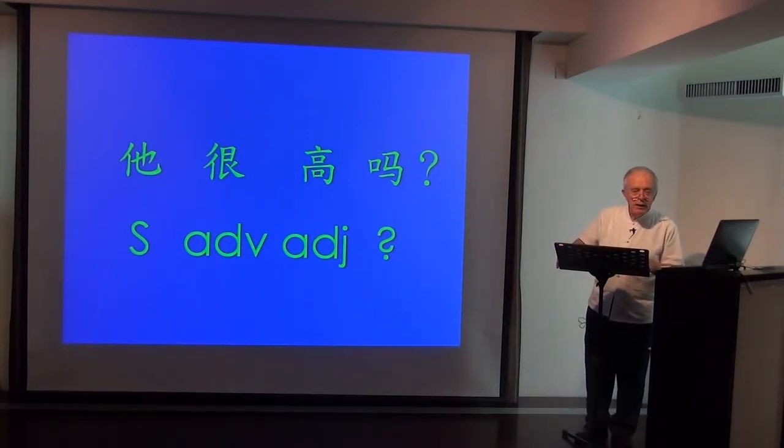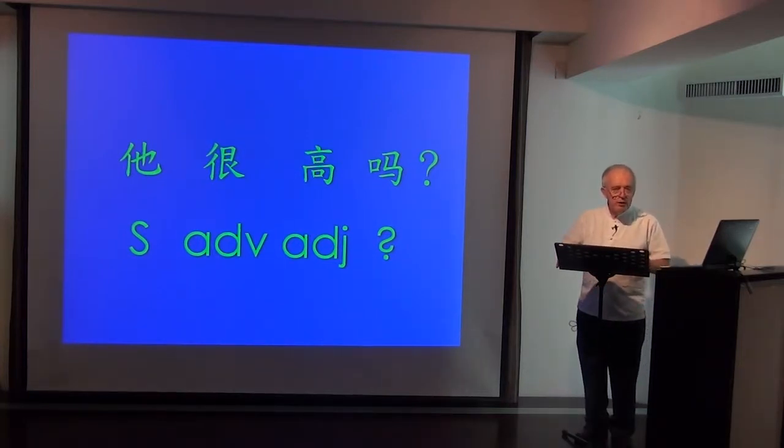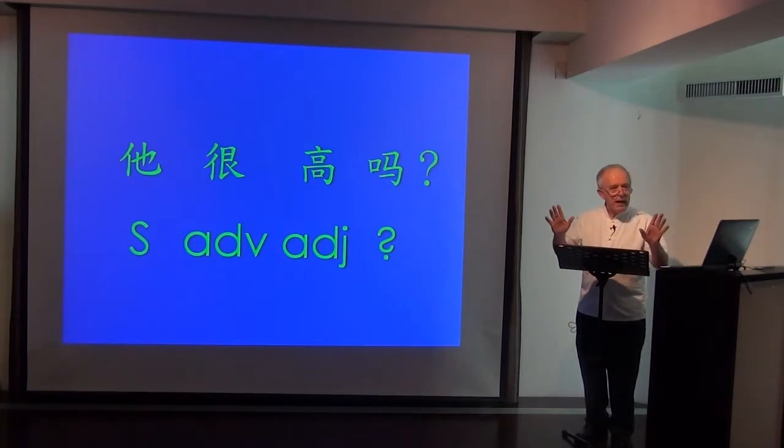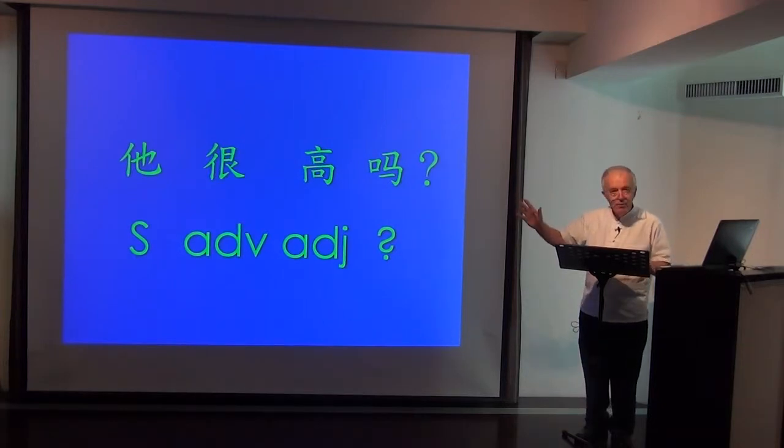And therefore we need to also point out to them that Chinese adjectives in their positive form require an adverb to follow them. And if there's no other appropriate adverb, like 非常 or whatever it is, then Chinese people use hen.